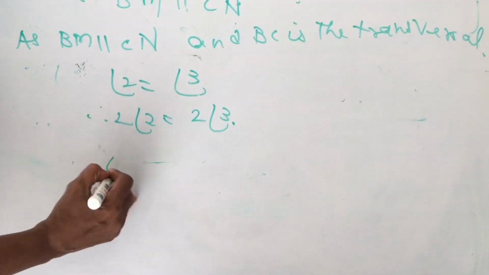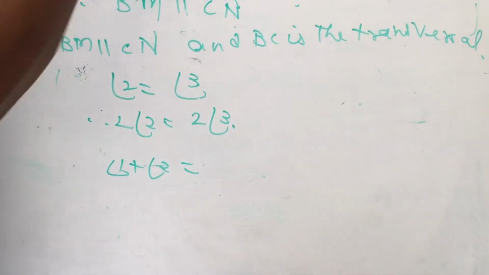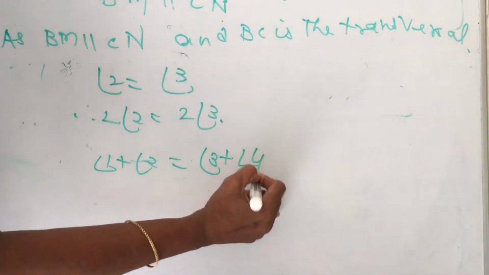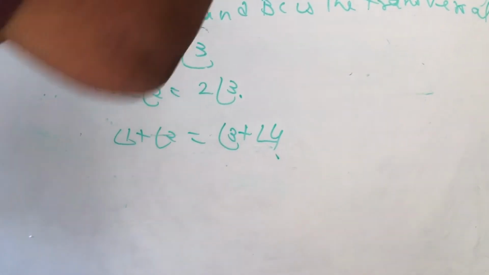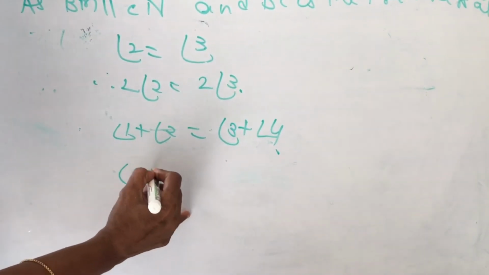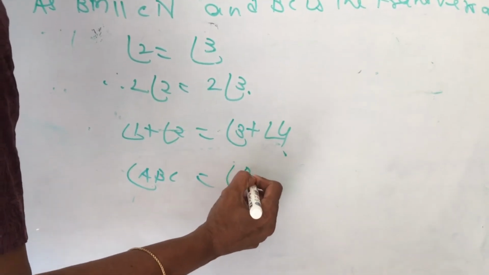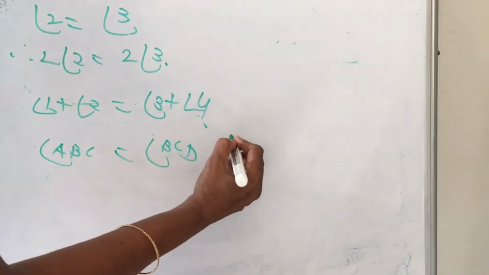Twice angle 2 means what, children? Angle 1 plus angle 2. Twice angle 3 is what? Angle 3 plus angle 4. 1 and 2 together will make what angle? Angle ABC. 3 plus 4 will make which angle? Angle BCD. What are these angles? Alternate angles.